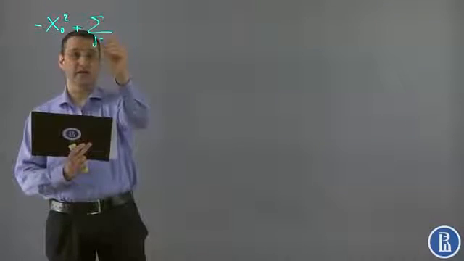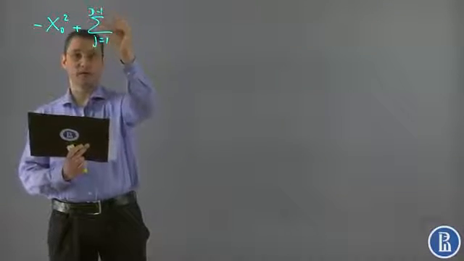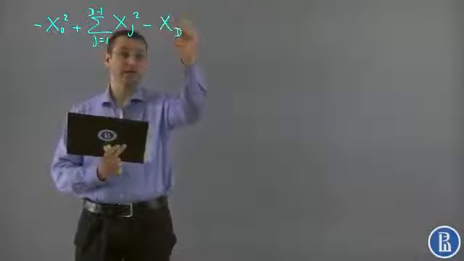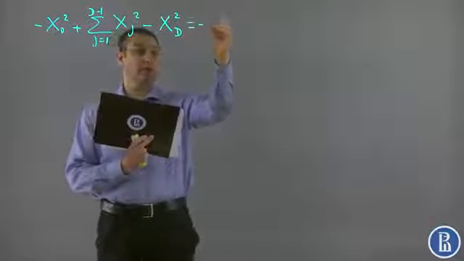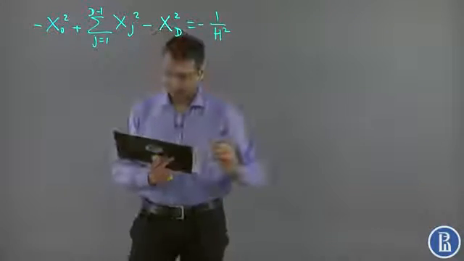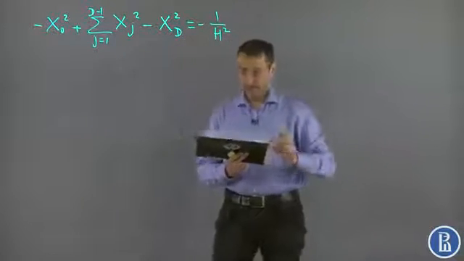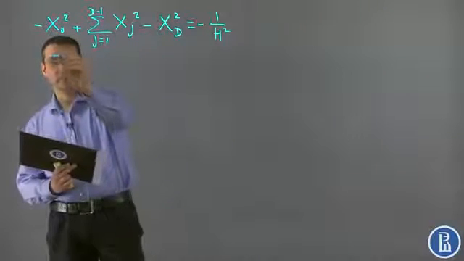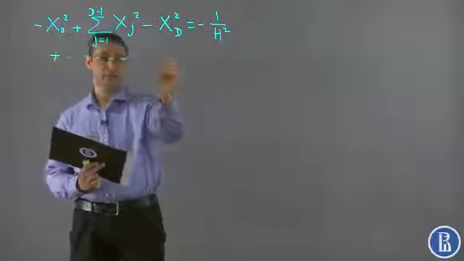To remind you, anti-de Sitter space-time is given by this equation: minus x0 squared plus the sum of j from 1 to d minus 1 of xj squared minus xd squared equal to minus 1 over h squared. And it is embedded into the space which has signature plus, minus, minus, minus, and plus.